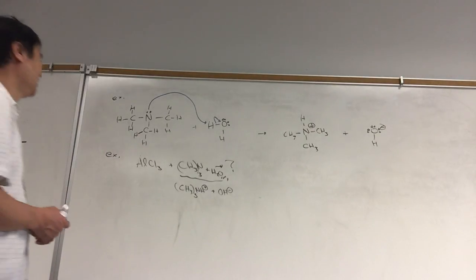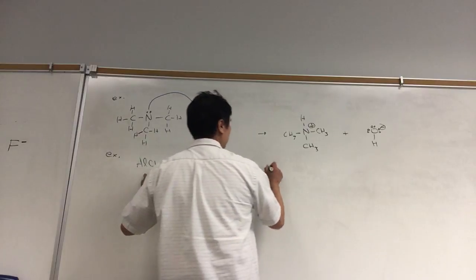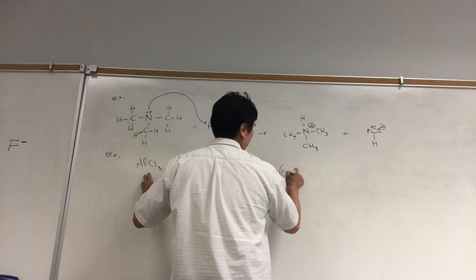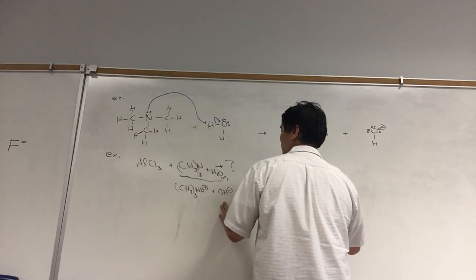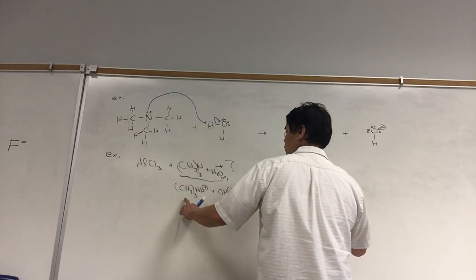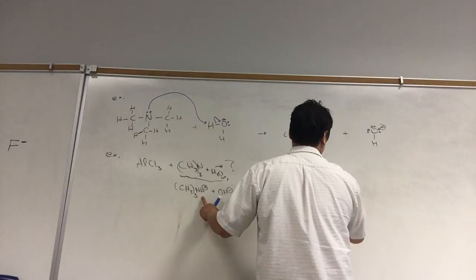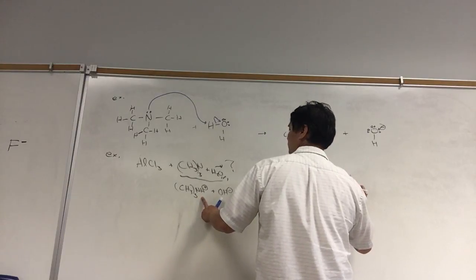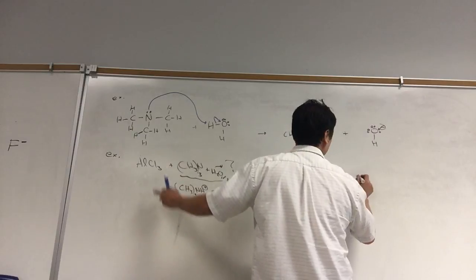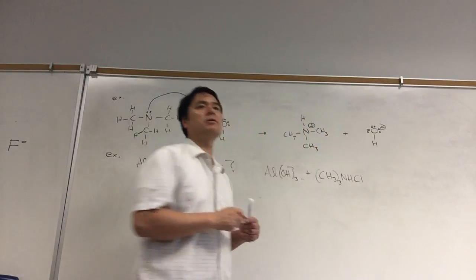And we switch the ions. And so what we should form is aluminum hydroxide and this trimethyl ammonium with the cation. And the anion would be chloride, so we form trimethyl ammonium chloride.